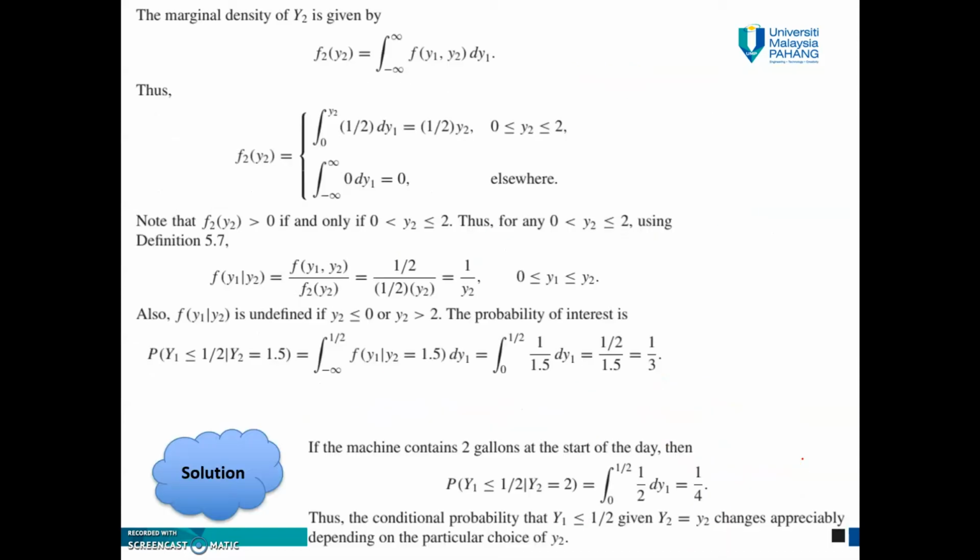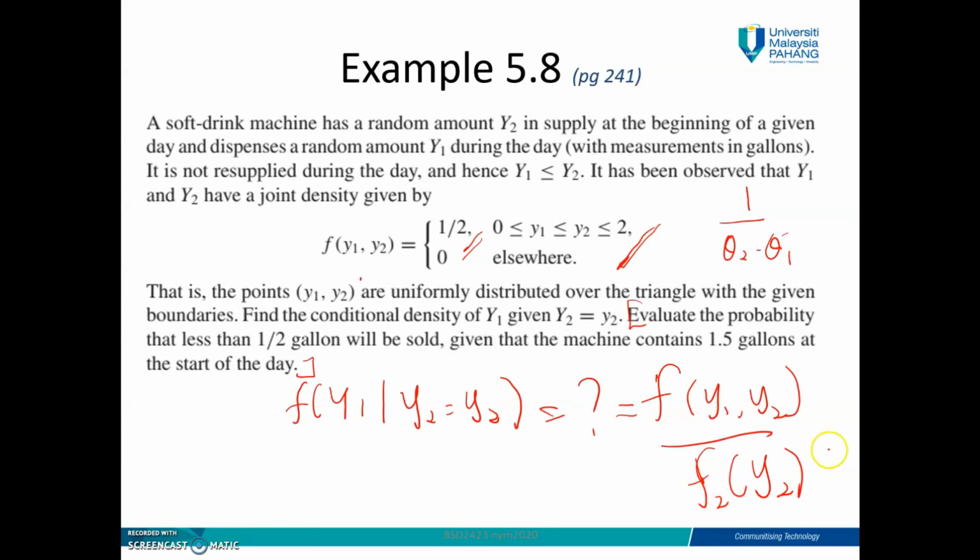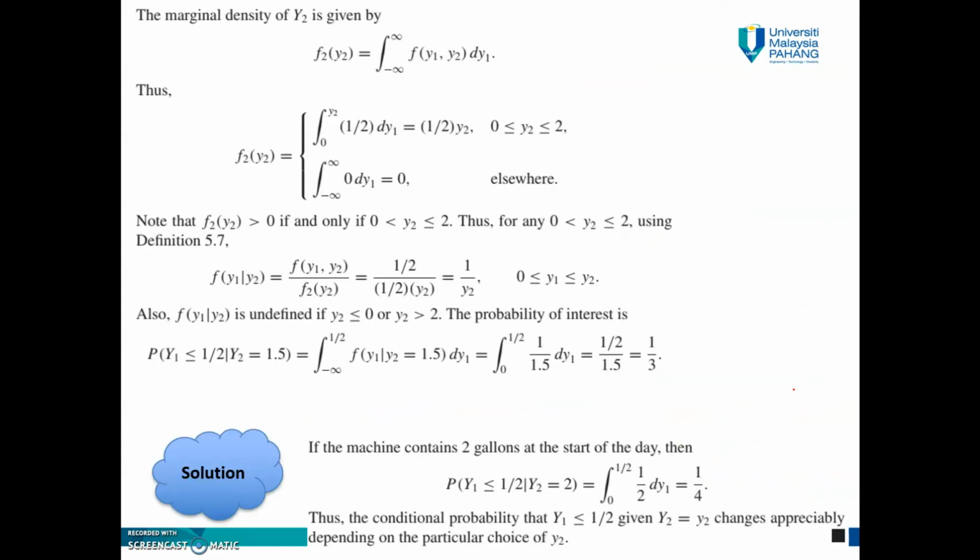Okay, so if you look at the solution, first we need to find the marginal. If you look here, this is the marginal density function, and this is the joint density function. So the marginal density of y2 is given by this. From the previous video you learned the marginal density of y2.